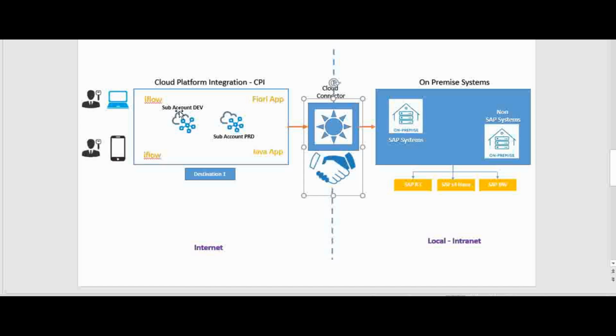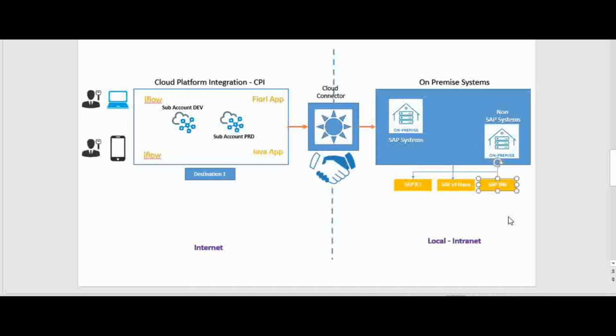Once the subaccount is registered, for each subaccount registered, what are all the resources it is linked to? That is what we will do on the right side portion. The second step is, for this subaccount, what are all the resources this subaccount can access? On the right side, assume that there are three systems: SAP R3, SAP S4 HANA, and SAP BW.